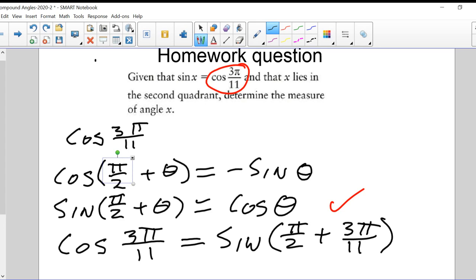I'm saying that 3 pi over 11 is x, or in this case, is theta. So that means that the cosine of whatever theta is, which we're saying is 3 pi over 11, is going to be equal to the sine of pi over 2 plus that same value of x, or theta in this case, of 3 pi over 11. Does that kind of make sense?